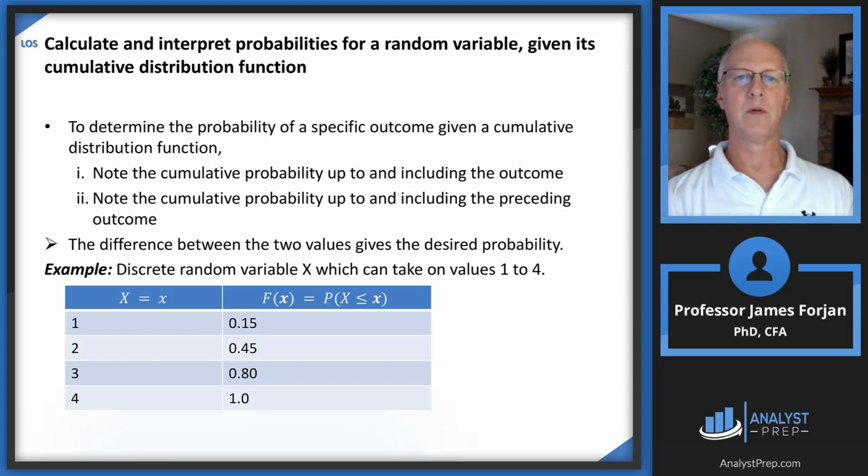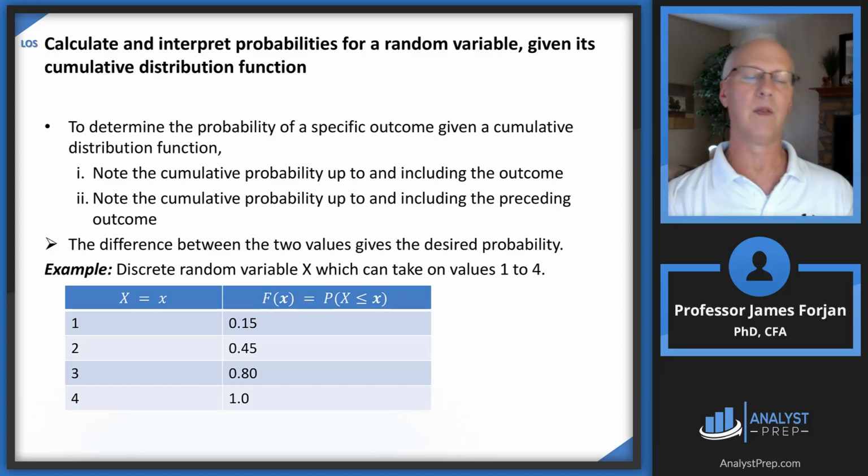Now let's interpret probabilities for a random variable given a cumulative distribution function. What we're going to do is note the cumulative probability up to and including this specific outcome, and note the probability up to and including the preceding outcome. And so we're just going to take the difference between the two. So let's take a quick example here. Suppose we have a discrete random variable which can take on values of 1 to 4.